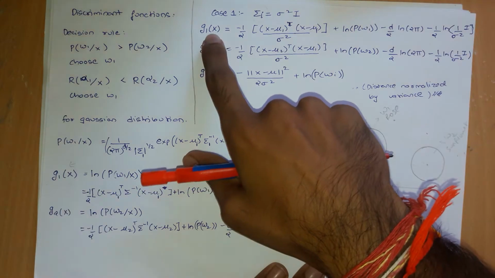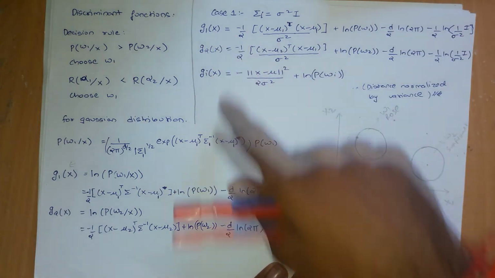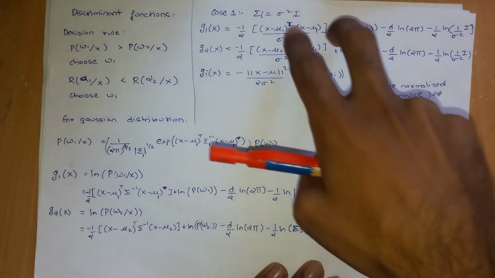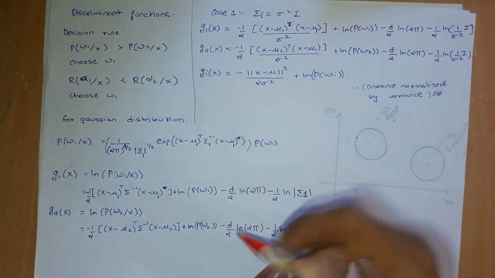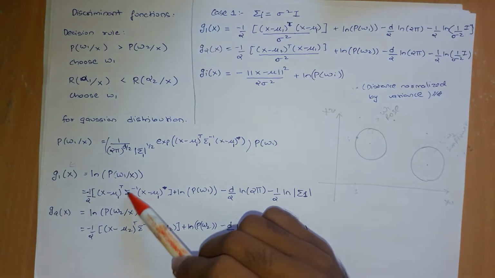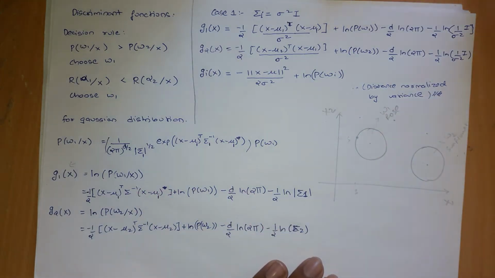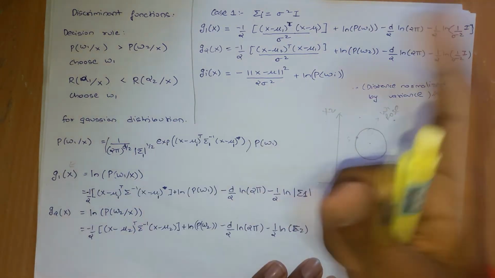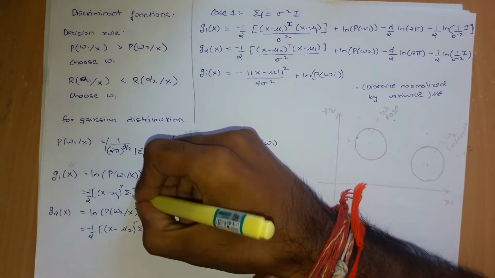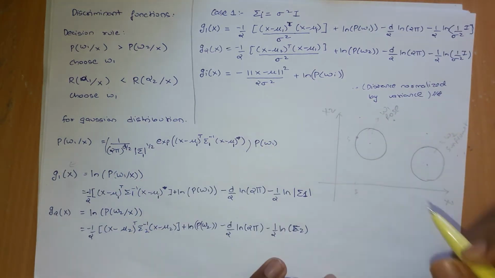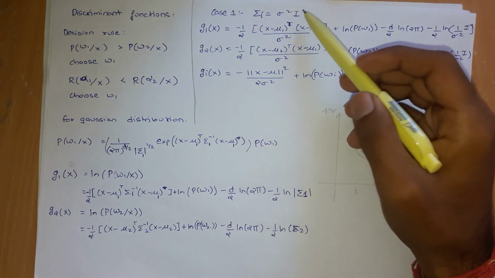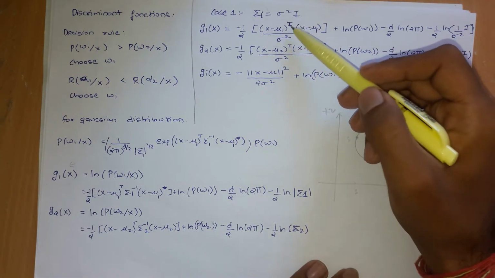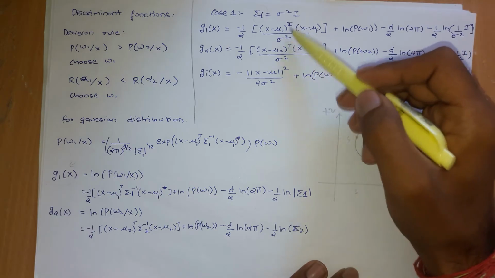So if you look at the discriminant function, I am just putting this value over here. So these two are just written over here, and instead of sigma inverse, here there will be 1 and here there will be 2. So instead of these, I just have a sigma square I inverse. So sigma square I inverse will just give me I upon sigma square.